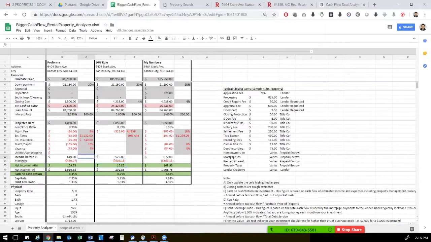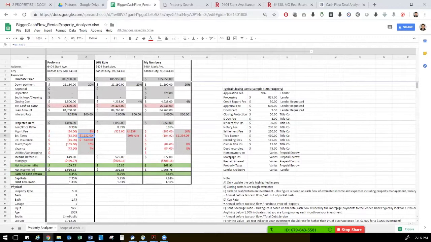And some people are a fan of this rule because it's just a really quick way to do it. But honestly, I'm not a fan of the 50% rule because this varies from market to market, right? And it also depends on the county that assesses your taxes. If you look here, taxes are going to be your single biggest piece of expense.